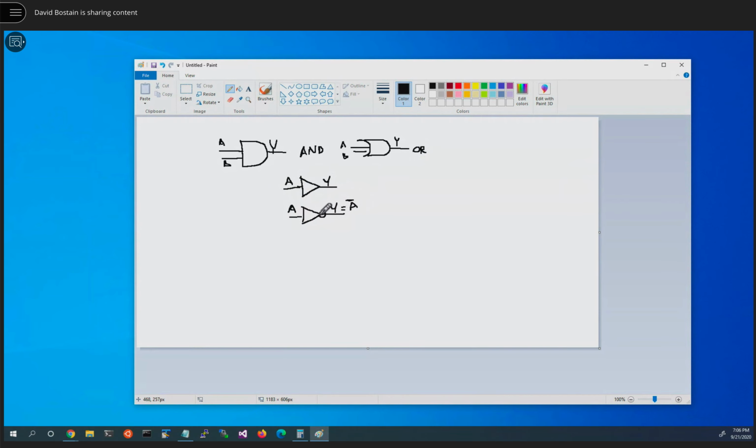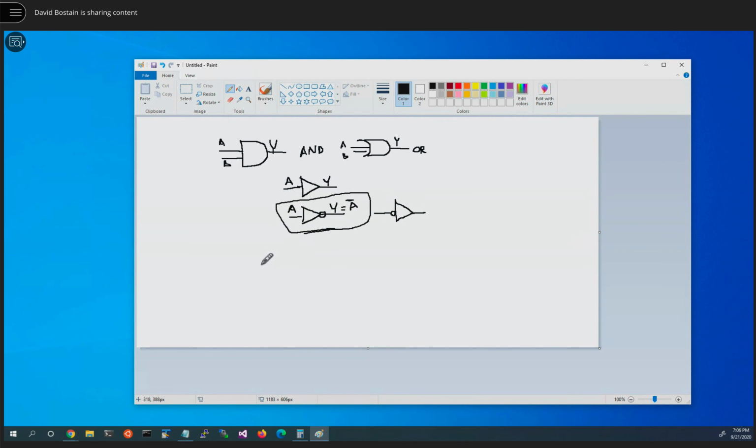So a little bubble on the nose of something is going to imply that it gets inverted. I could, and there's times when we might, say we're going to invert it before we go in. Same function, this is still Y is equal to not A, but the not actually happened on the A before it went in. This happened on the A on the way out. So these are equivalent. We'll normally use this picture.